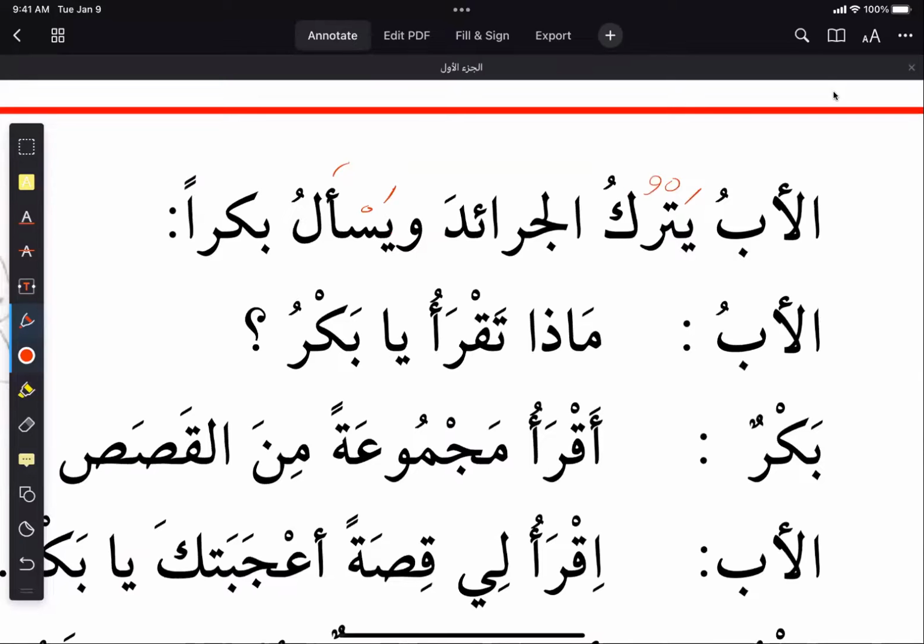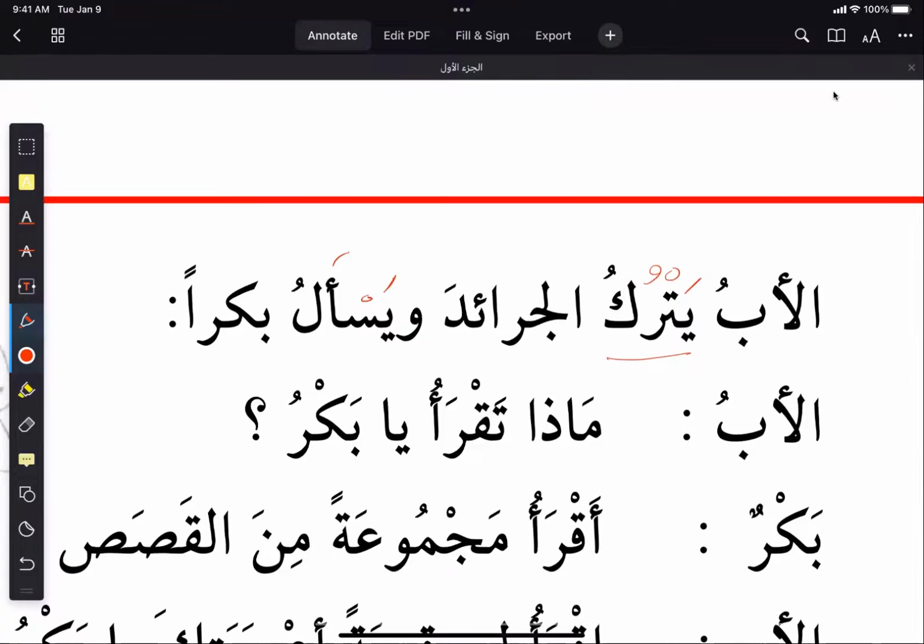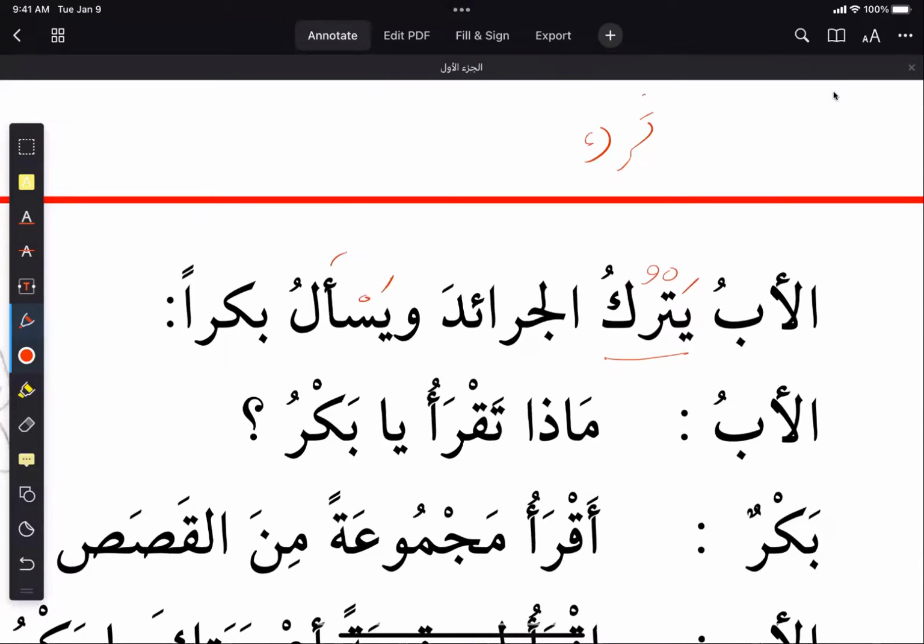The father, he leaves. Taraka yatruku, I think we had this verb before. Taraka yatruku, it's to leave.